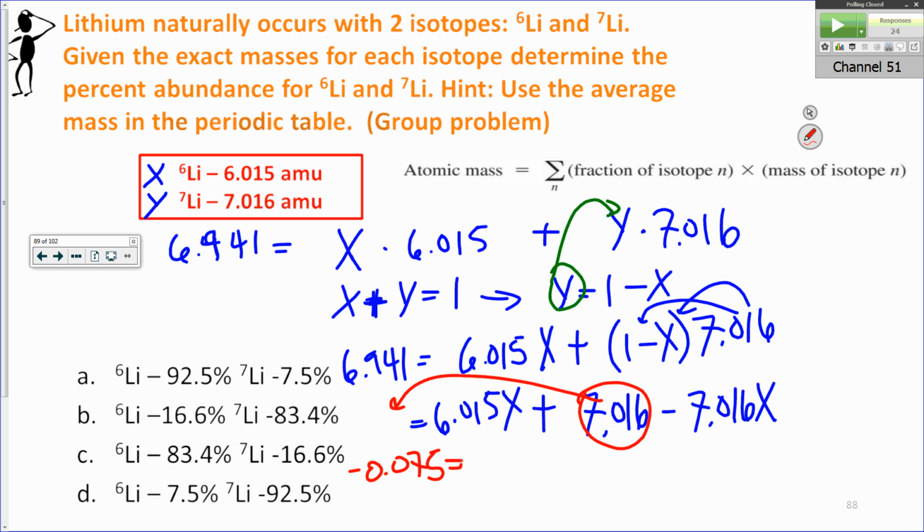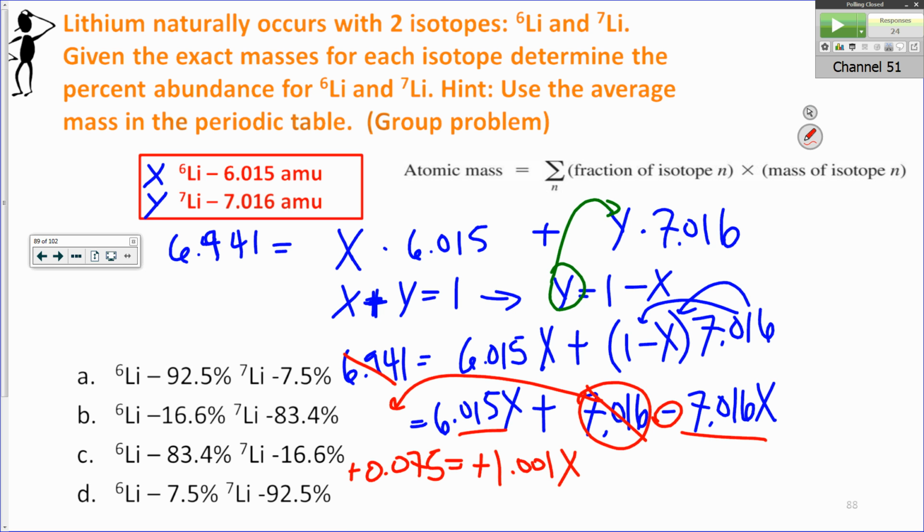Okay, so that got rid of this term and this term. Combine those. On the right hand side, I've got this number of X and this number of X, so I add those together. Keep in mind this one's negative and it's the larger term, so I'm going to have a negative answer out of it. I get a negative 1.001X. Okay, my negatives cancel out, so negative and negative make a positive.